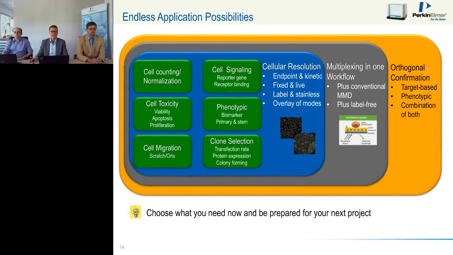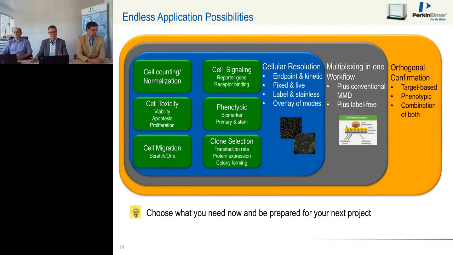With this, I'd like to show you different applications, and I'm very sure we get a longer list. So cell counting is one, normalization, tox assays, you get examples in this webinar, cell migration, cell signaling, phenotypic assays, as well as clone selection.